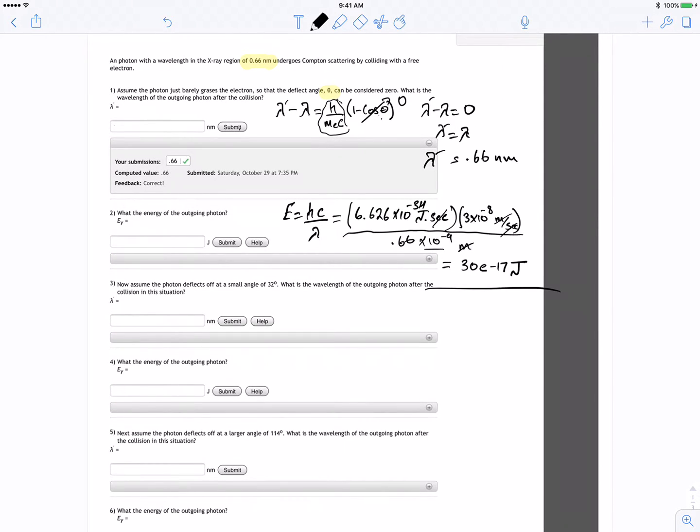Now assume the photon deflects off a small angle of 32 degrees. What is the wavelength of the outgoing photon? Doing the same thing, I'm just going to take lambda to the other side: lambda prime equals lambda, 0.66, plus 2.4 e to the negative 3 times (1 minus cosine of 32).